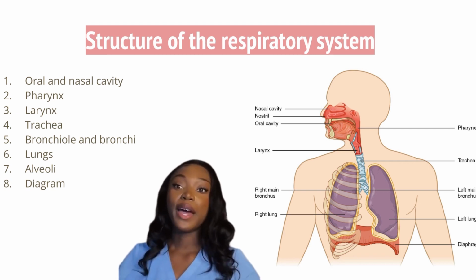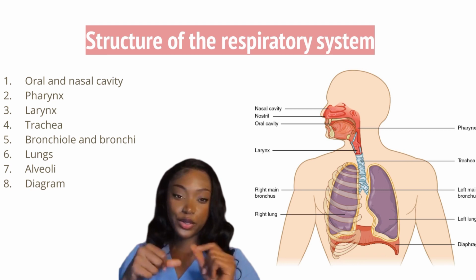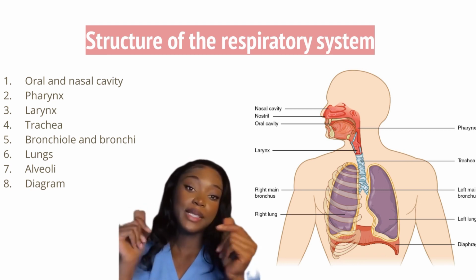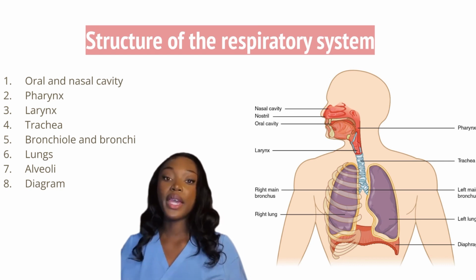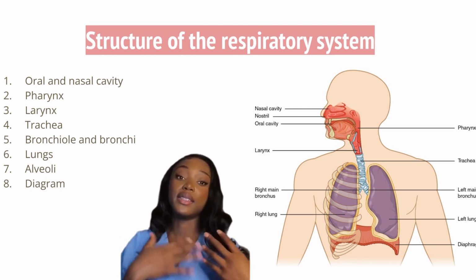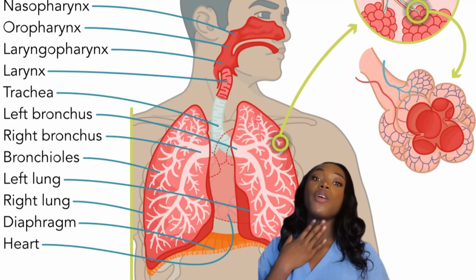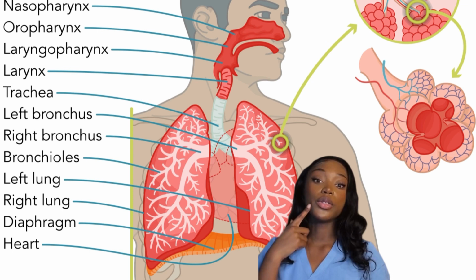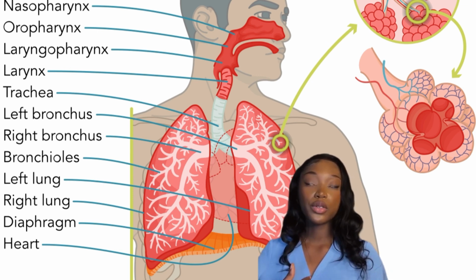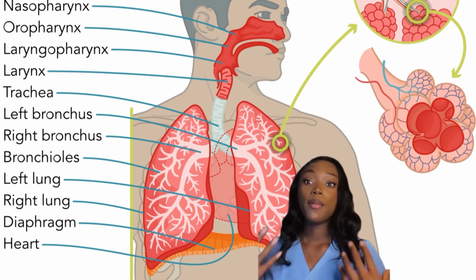And after that, we have the bronchioles and the bronchi. Bronchioles is just a cute little name that means smaller. They're just smaller. But basically, these structures carry air into the lungs and distribute it to the alveoli. So from the trachea, where we went from the nose to the mouth to the voice box to the throat to the trachea, we then divide into two bronchi.